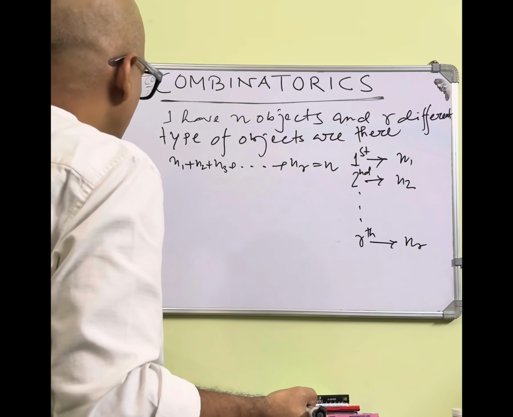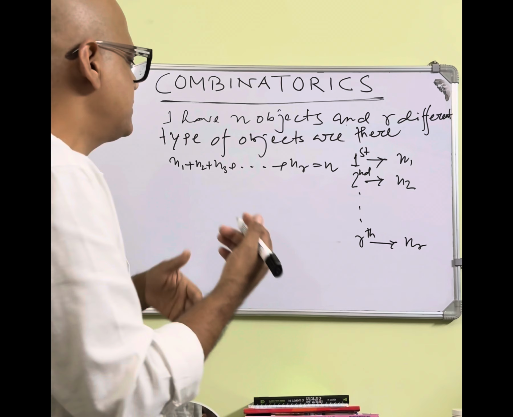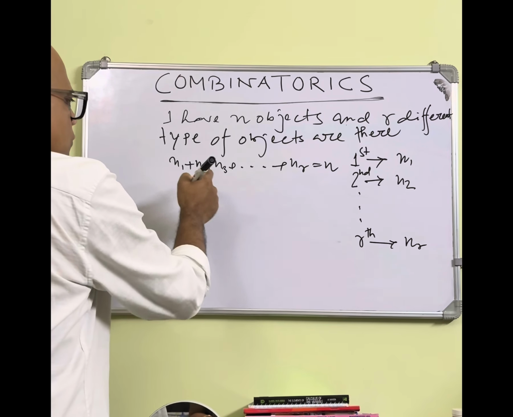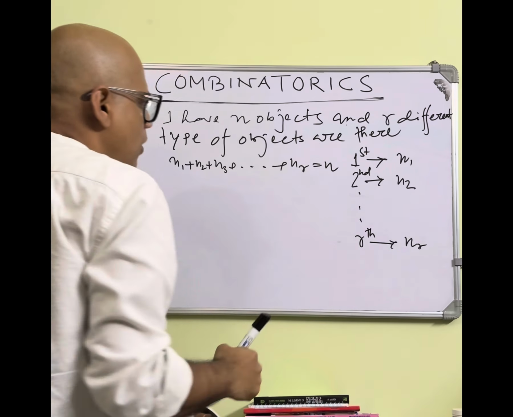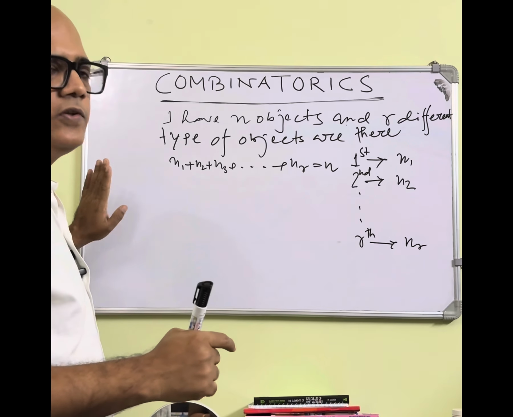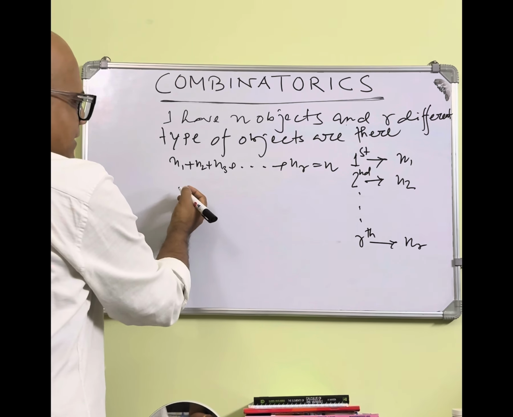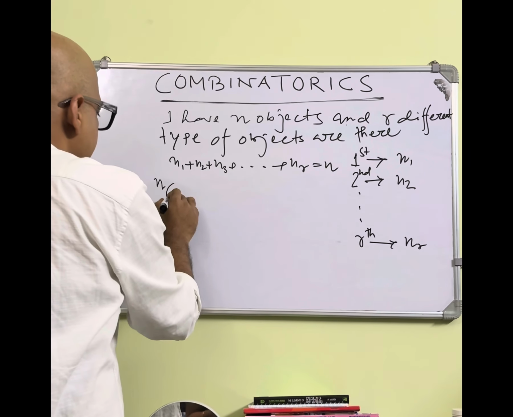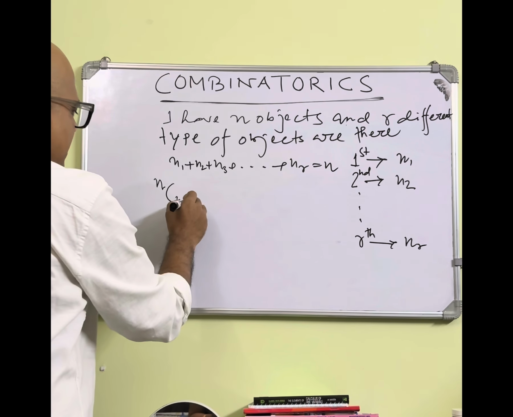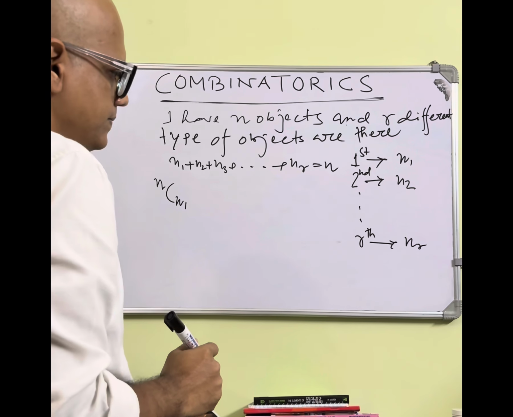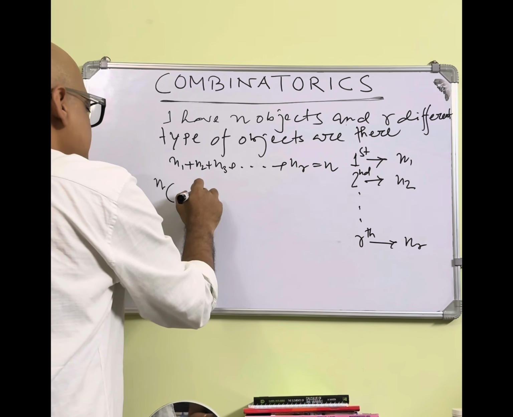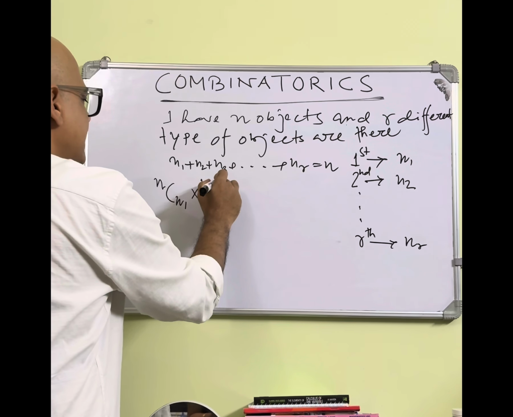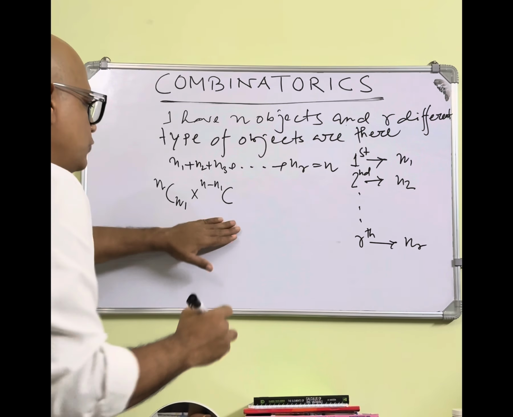Now, the way we solved the previous problem, likewise we can solve it here as well. How can we do that? For the first object, we can find the position in how many different ways? I have n, choose n1, nC n1. Likewise, for the second object, I have remaining n minus n1 positions, and I need to choose n2.